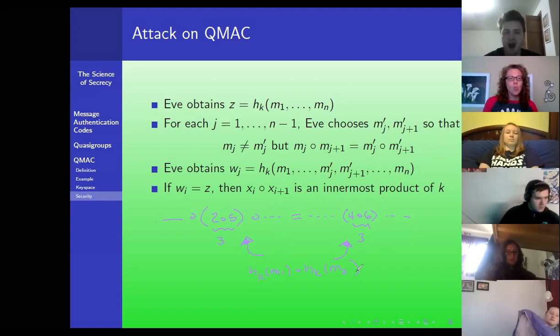She can figure out where innermost products are by looking at which authentication tags match. That's the issue with this.